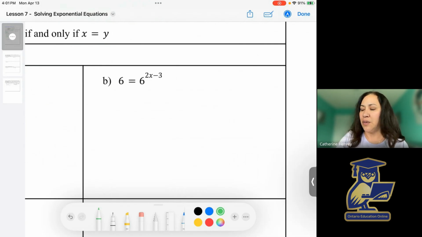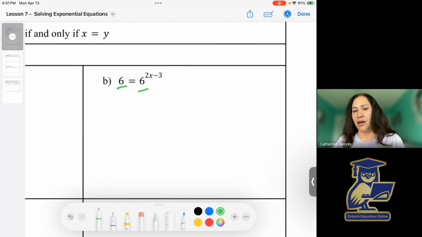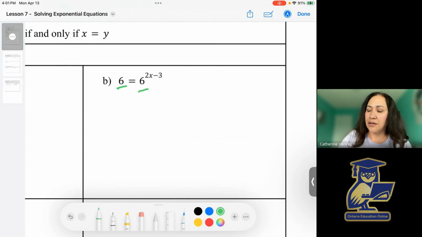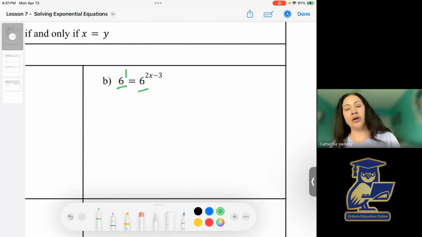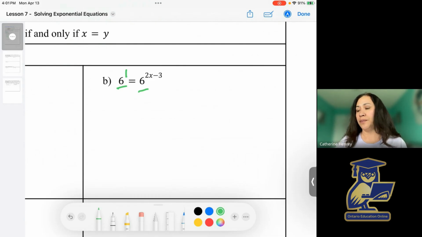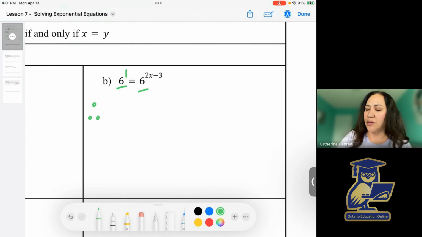Let's take a look at b. Again, we have the same base of 6. You might think that on the left side you don't see an exponent, but for a single whole number without an exponent, the exponent is assumed to be 1. So because they have the same base, our property of equality allows us to write that 1 is equal to 2x minus 3.